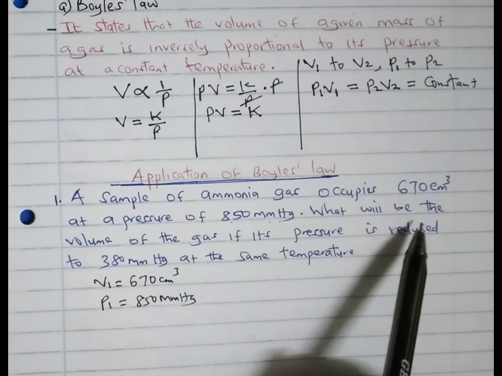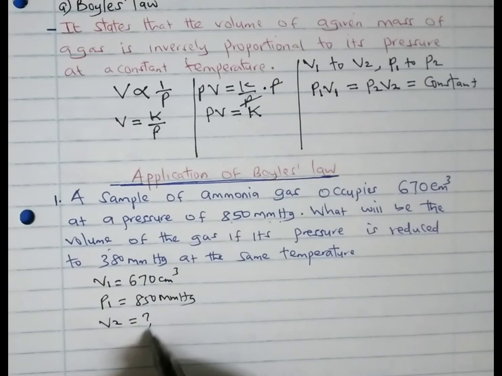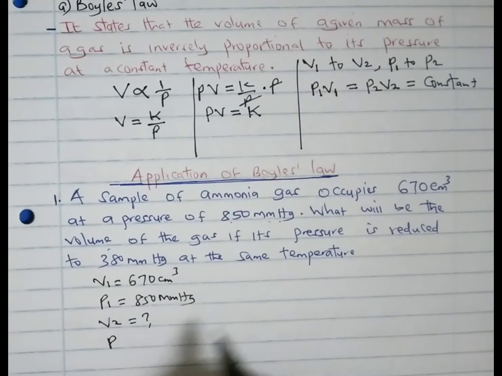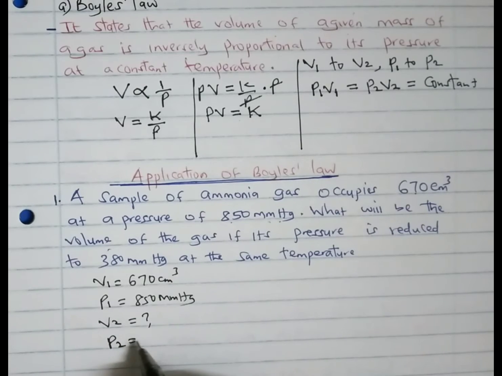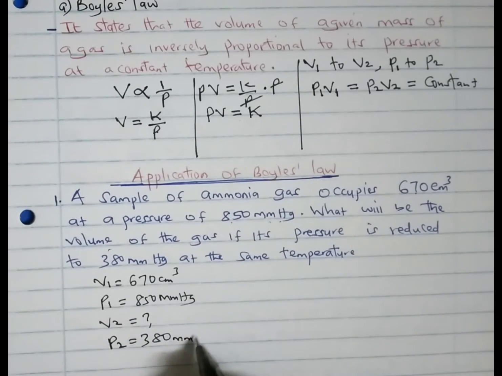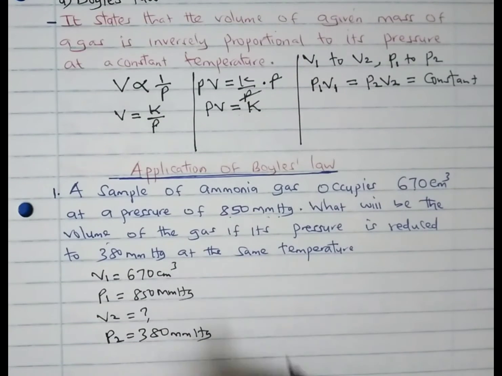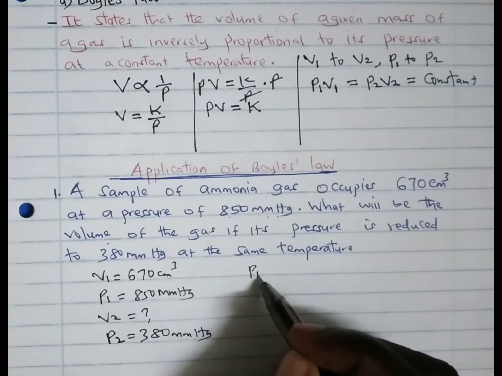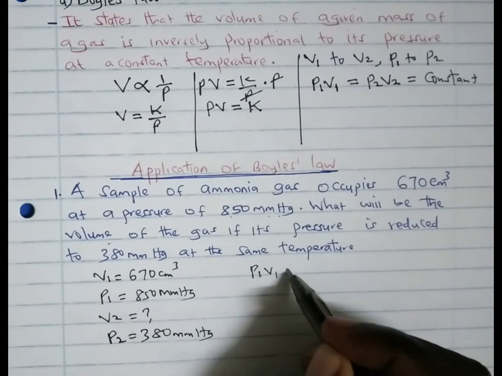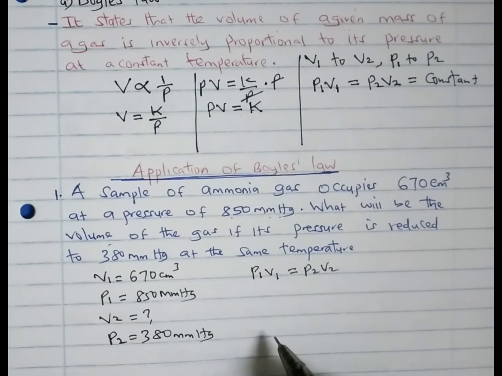What will be the volume of the gas? What will be the volume, that is V2, if the pressure, that is pressure 2, is reduced to 380 millimeter mercury? We know, according to Boyle's law, pressure 1 volume 1 must give us pressure 2 volume 2.